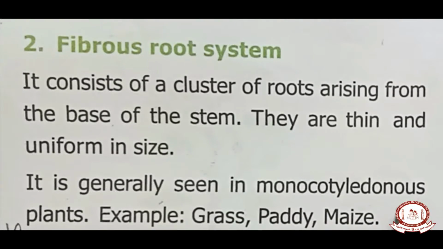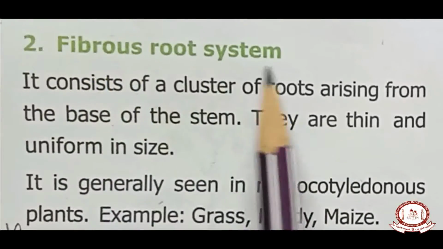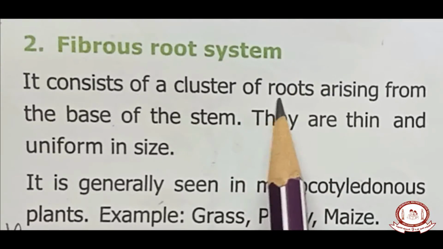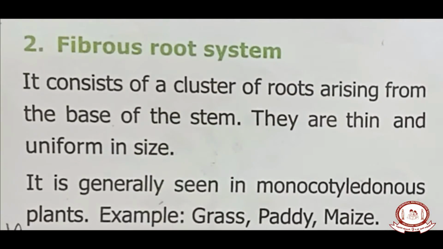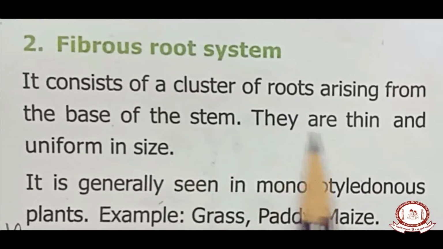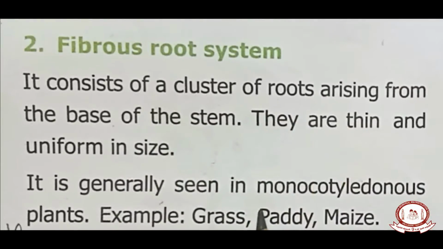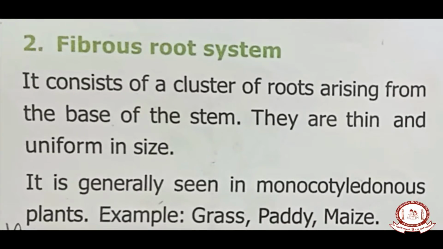The roots that arise from this type of plant are called fibrous root system, a cluster of roots arising from the base of the stem, and they are thin and uniform in size. Children, do you understand? You can see this type of root only in monocotyledonous plants.